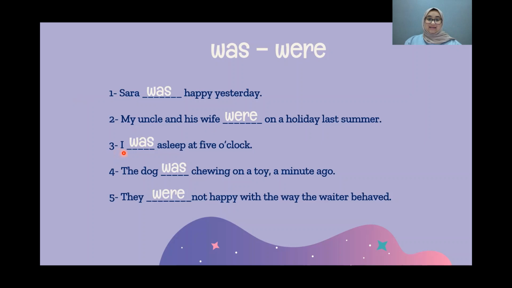I, as we said, the I subject takes was, okay? The dog was chewing on a toy a minute ago. We said the dog was because the dog takes it for being an animal, and it takes the be verb was. They, as we said, takes were. That's very simple, right? Okay, how much did you get out of 5?